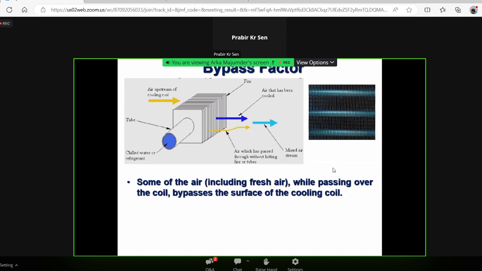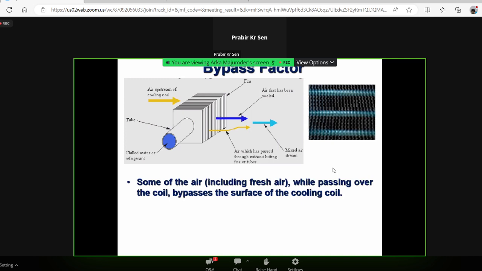The mixture of return air and outdoor air passes over the cooling coil. How does the cooling coil look? It has copper tubes, and over the tubes we have fins stacked at very close intervals, say 10 to 14 fins per inch length, around that.